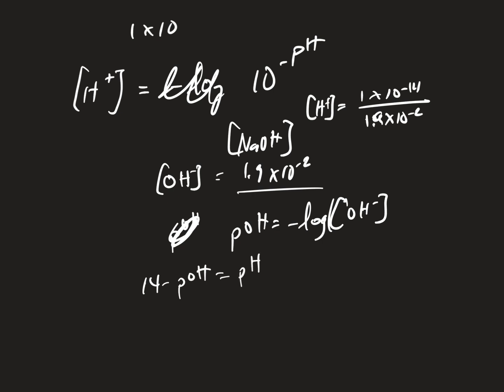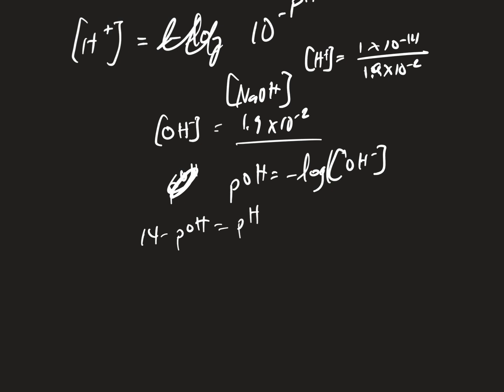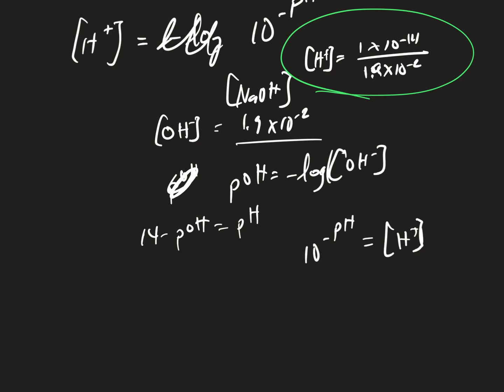And once we have the pH, then we do 10 to the negative pH, and that's going to give our hydrogen ion concentration, right? Right. This is how we were doing it in class. That's kind of a lot of steps, but it's using what we know. Let's see if we can kind of derive this.